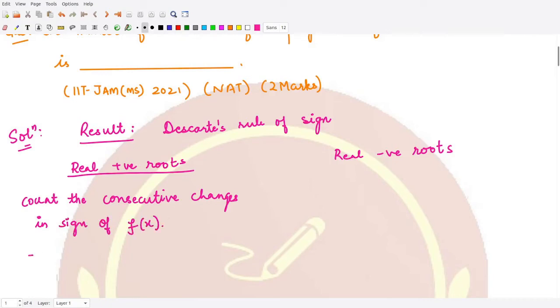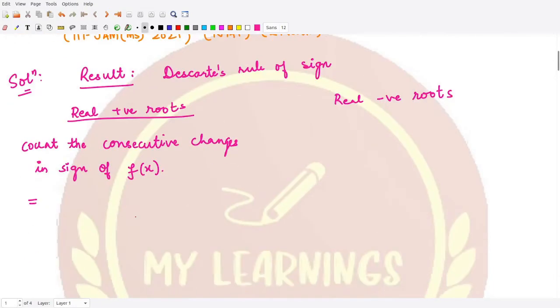That many changes in the sign of f of x would give you the number of positive real roots for the given polynomial f of x, right? So this is what you do whenever you want to check for the positive real roots.